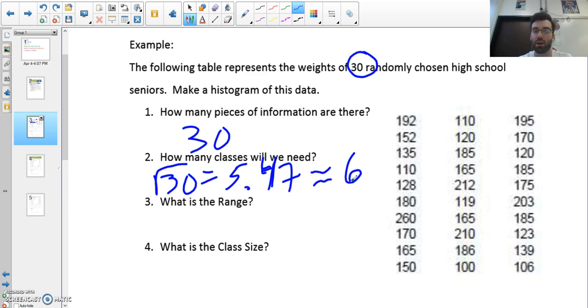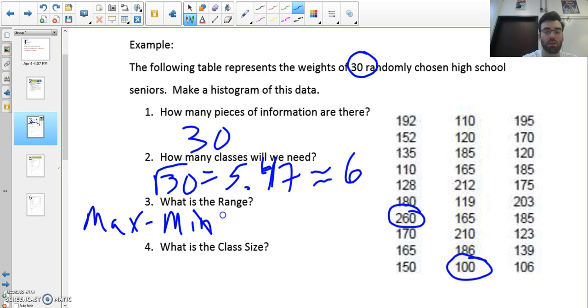To find the range, I look for my highest number. Here our highest number is 260, and subtract my lowest number. My lowest number here is 100. So the range is max minus min, which is 260 minus 100, which equals 160.